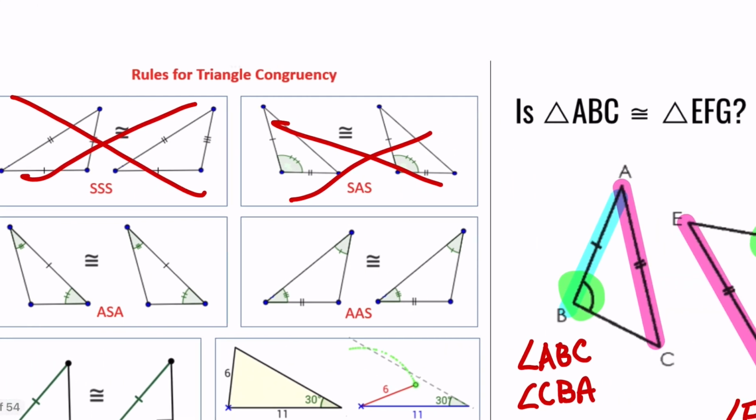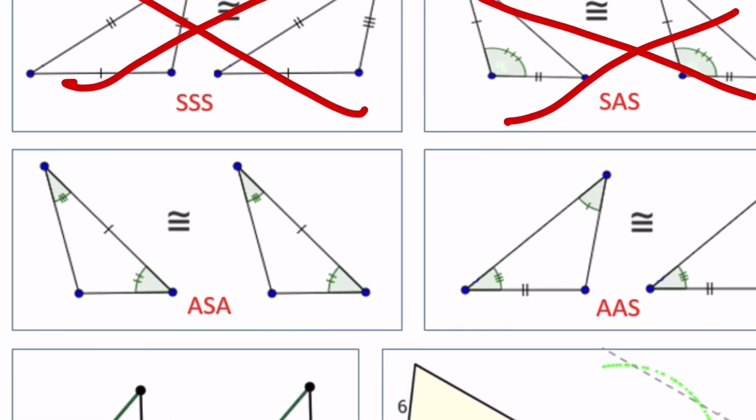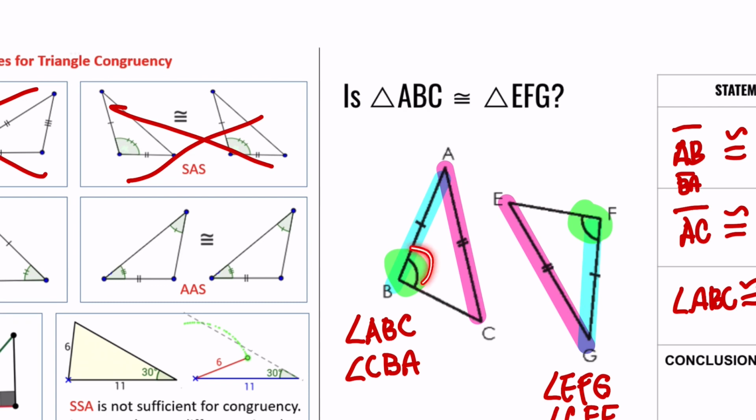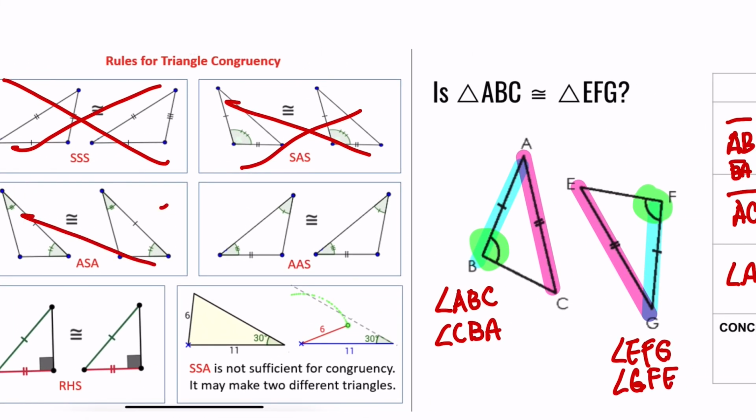Next, can we use angle, side, angle? Now remember, we just need to follow this. Angle, side, angle. See, it follows the order. That means the congruent side needs to be in between the two congruent angles, angle, side, angle, okay? So let's look at our picture. There's only one congruent angle, so we cannot use this.